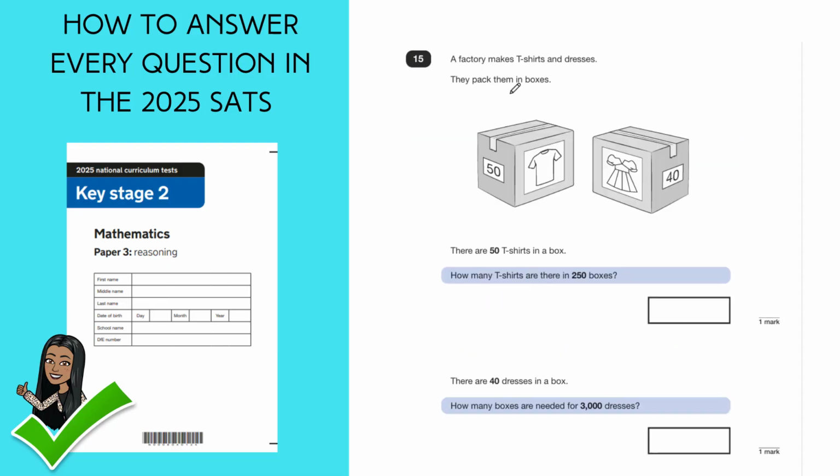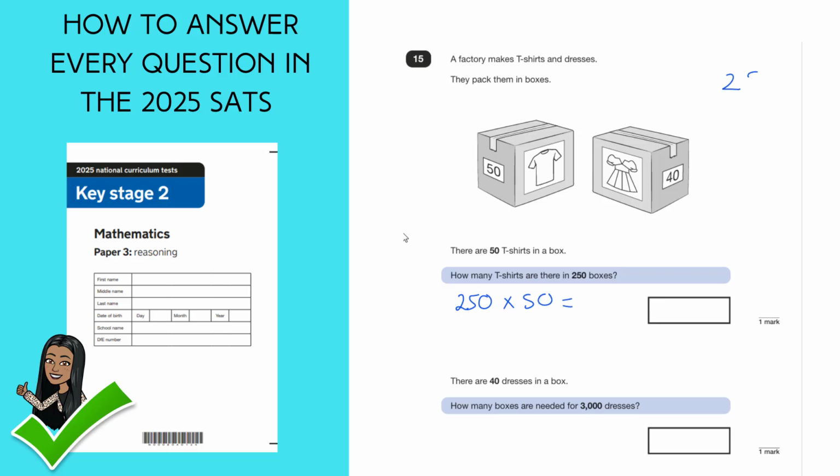Question 15. A factory makes t-shirts and dresses and they pack them in boxes. There are 50 t-shirts in a box. How many t-shirts are there in 250 boxes? So that's a nice simple multiplication question. If there are 250 boxes and 50 t-shirts in the box, you are simply doing 250 multiplied by 50 to get your answer.